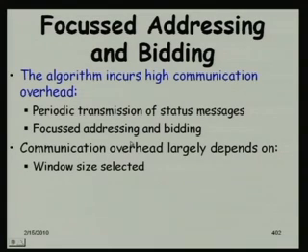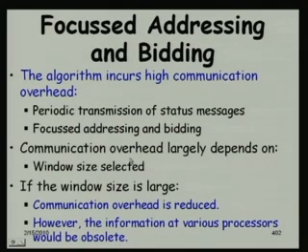As some of you had rightly remarked, the window size is a very critical parameter for this, but we do not have any straightforward way to determine what the window size is. But what we know is that if the window size is large, then the communication overhead will definitely reduce, but the information will be obsolete.